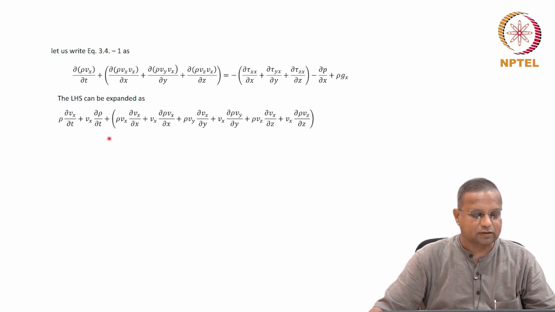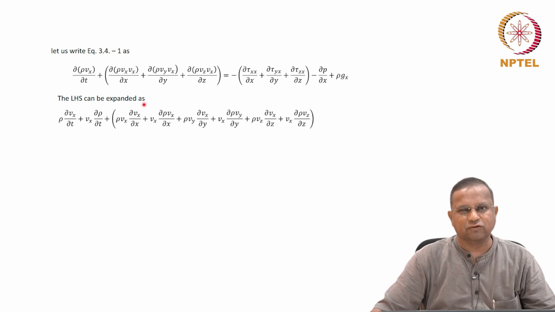So this is done. Now let us take two at a time first and then leave out one. We'll consider ρVx as one function and Vx as the other function, and then we'll expand the product of two functions in the next step. Let's go step by step.